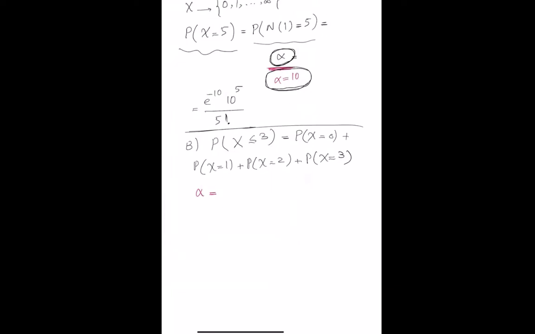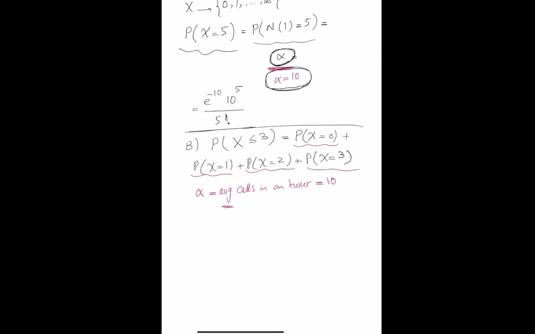So alpha still shows the average number of calls in an hour, because my random variable is the number of calls in an hour. We know from the previous question that it is still 10. So you have alpha. The only thing you need to do is put alpha in the formula for the Poisson random variable, find these probabilities and add them to each other.